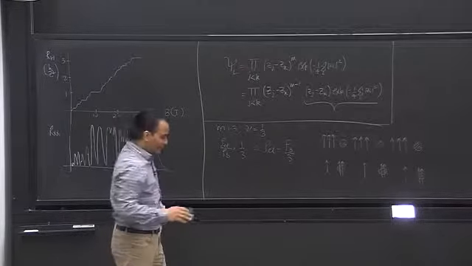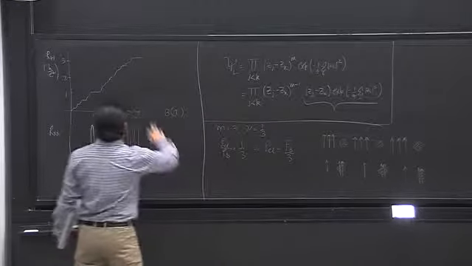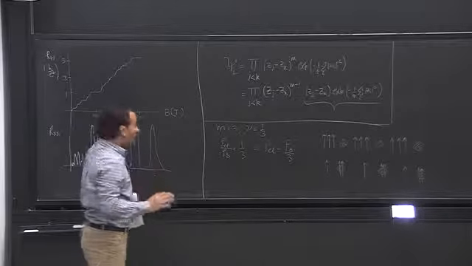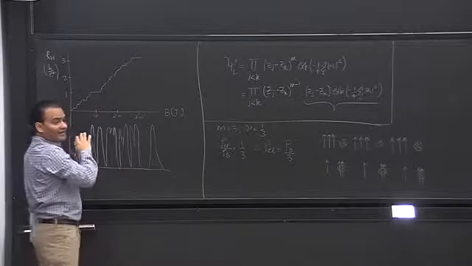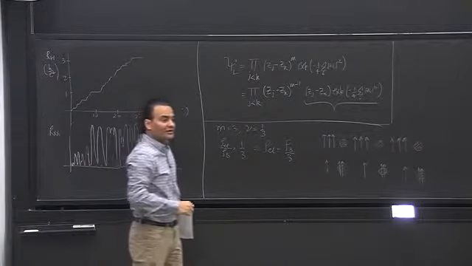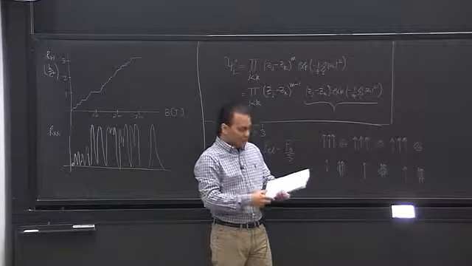So next, in this last lecture, we are going to try to understand as many features as we can on this plot. And we are going to focus on integer filling factor, because we can understand all other plateaus at fractional values by thinking of composite fermions.